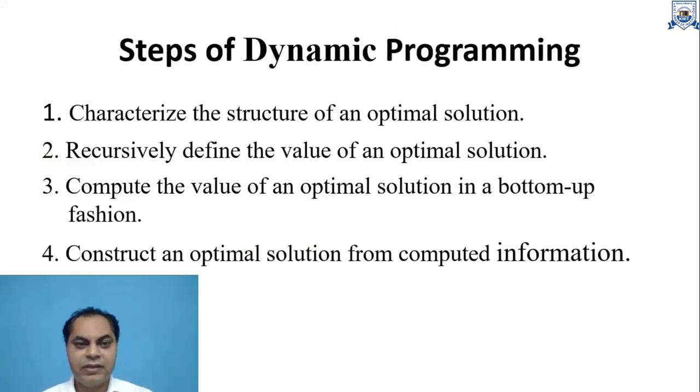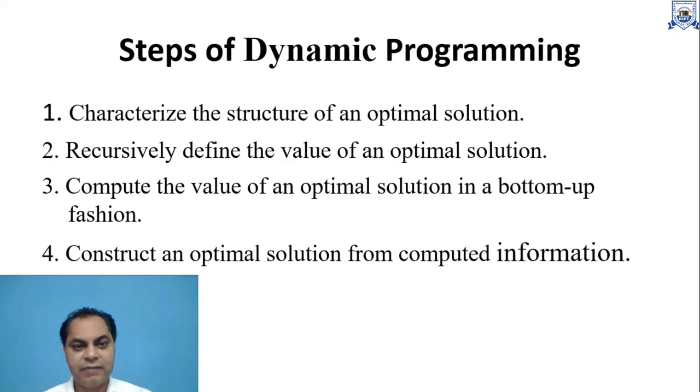Okay. These are the steps of dynamic programming which are used for finding the solution of problems. As per the first step, we have to characterize the structure of an optimal solution. That means we have to decide the criteria on which basis we are deciding whether our solution is optimal, a better one or a worse one. That means we should clearly stipulate the optimal criteria.